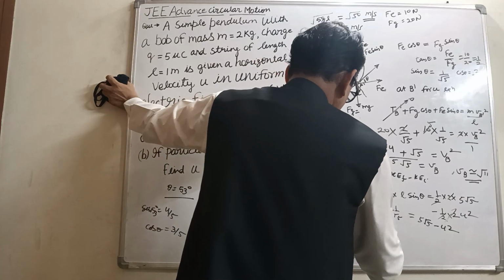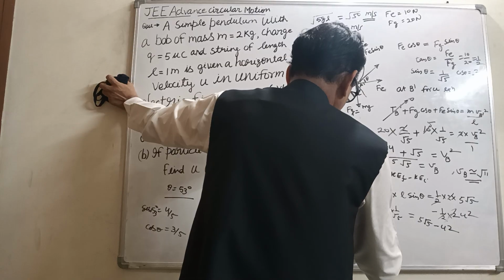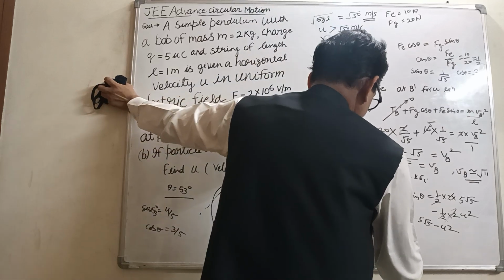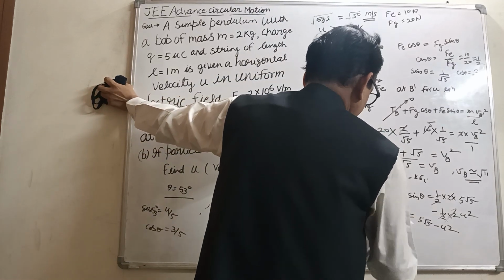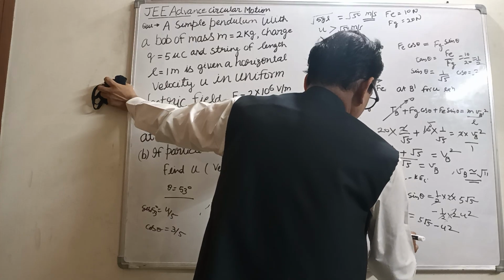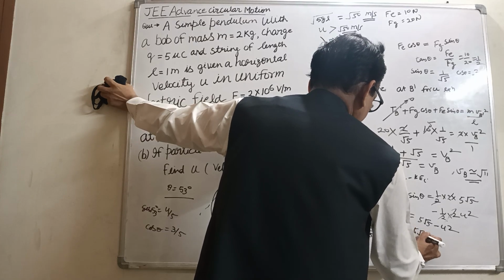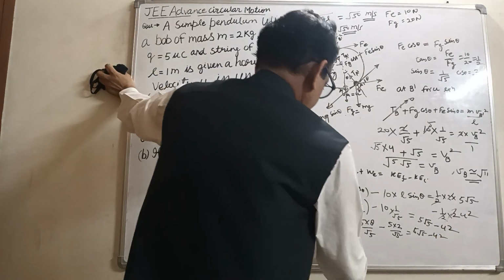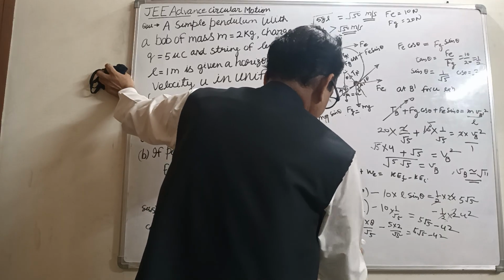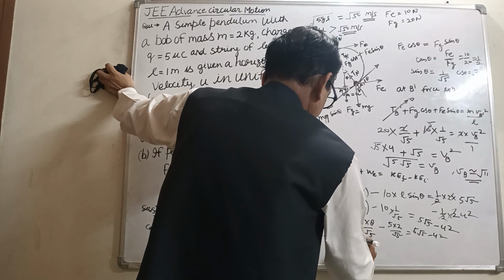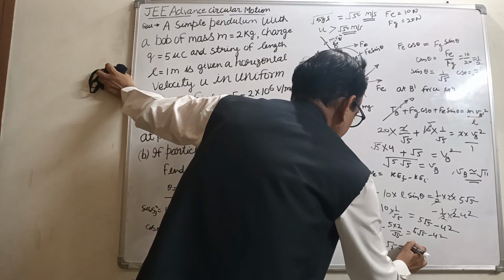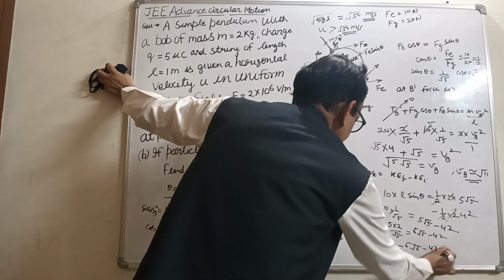So 5 into 8 upon root 5 minus 10. This becomes 5 into 2 upon root 5, and 5 root 5 minus u square. So this becomes minus 20, minus 8 root 5 minus 2 root 5, 5 root 5 minus u square.